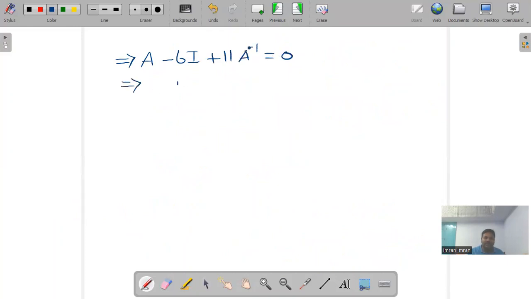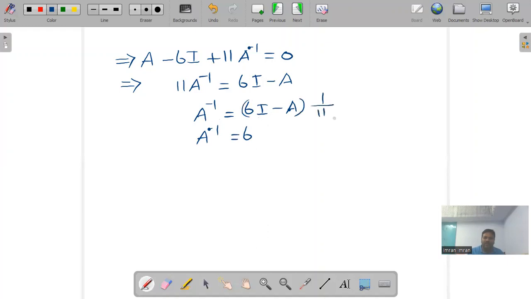This equation becomes 11 A inverse is equal to 6I minus A. Finally, A inverse equal to 1 divided by 11 into 6I minus A, where I is the 2 by 2 identity matrix and A is our given matrix 2, 3, minus 1, 4.